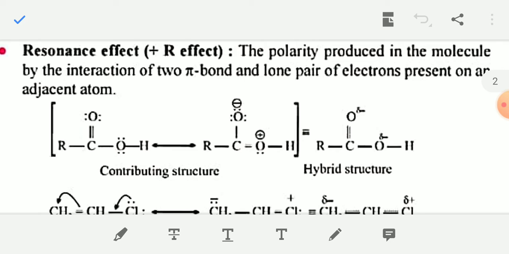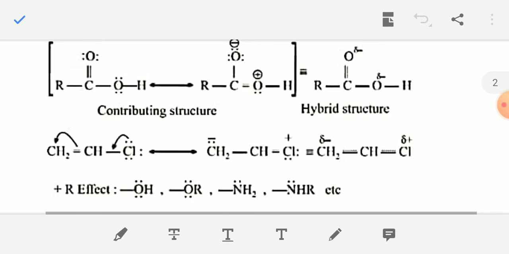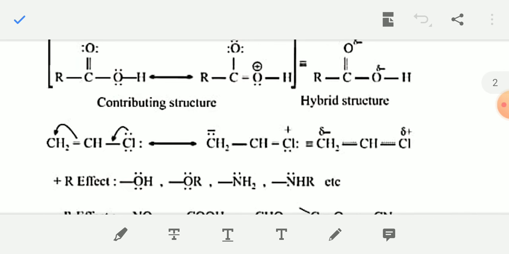There is a conjugation between the lone pair electron on oxygen and the carbon oxygen pi bond, and the C double bond O bond breaks, and O becomes O minus, and the oxygen of OH group is converted into positively charged oxygen. This displacement, this conjugation of electron throughout the structure is known as resonance. And these individual structures are known as resonating structures or contributing structures.